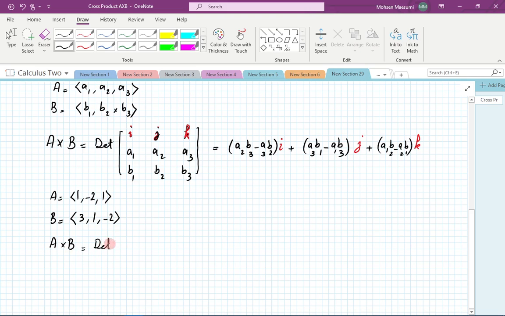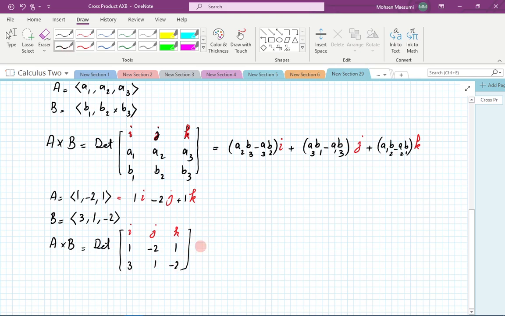Well, we said this is the determinant of such a matrix. On the first row, we have just i, j, k. Remember, i, j, k was the notation we were using for vectors. So if you want to write this thing as a vector, you could write it as 1i minus 2j plus 1k, and so on. So I just write the first vector here, the second vector here, 3, 1, minus 2.